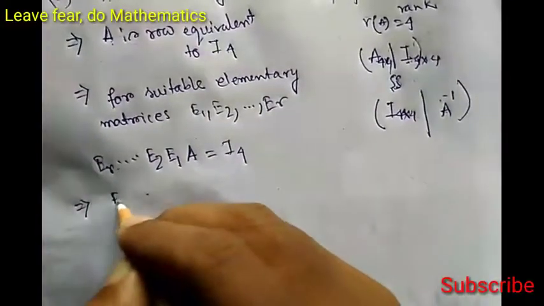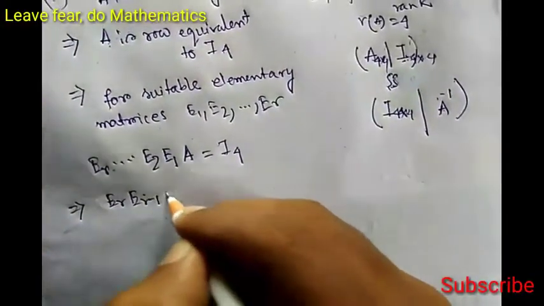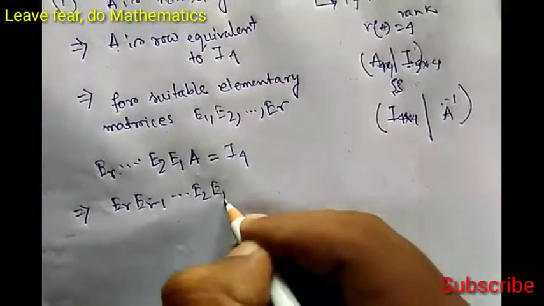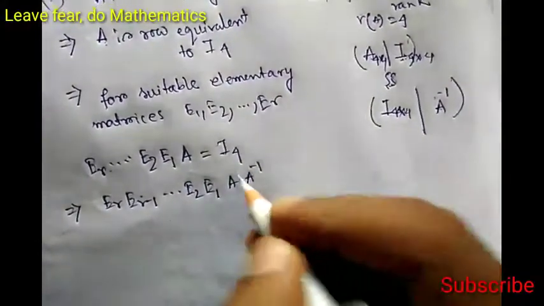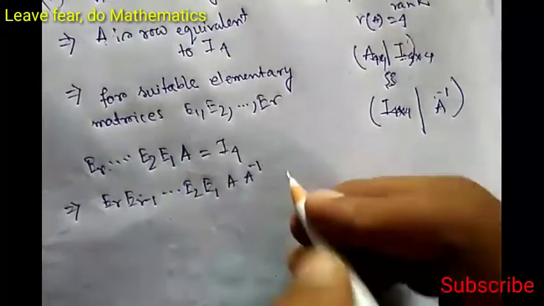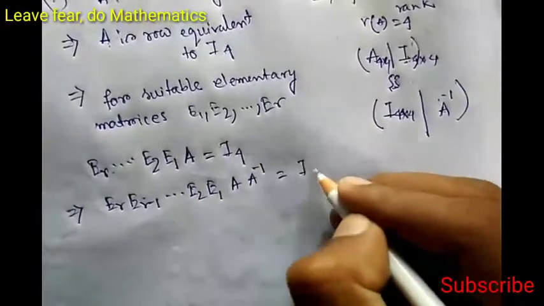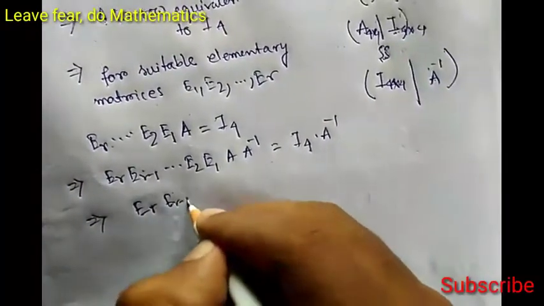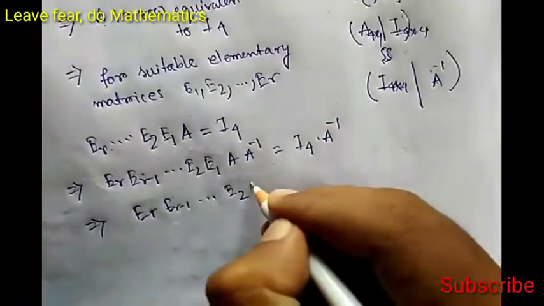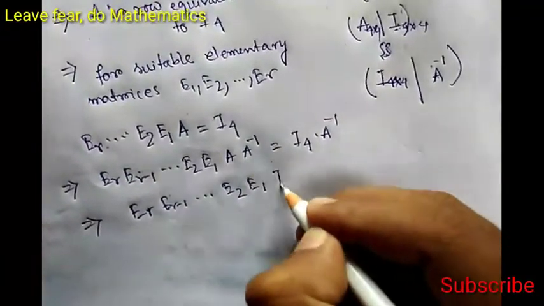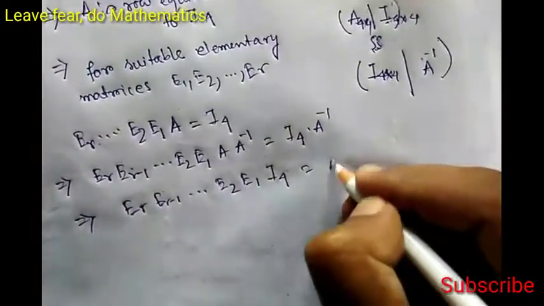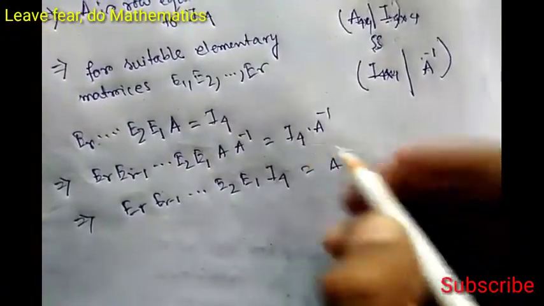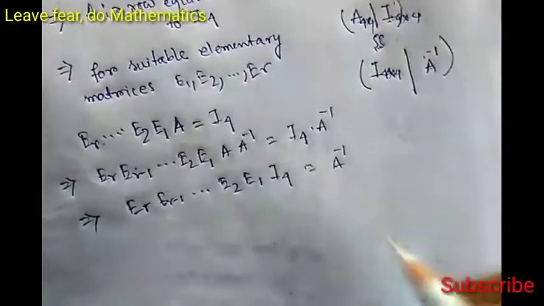Now multiply A inverse from the right side on both sides of the equation. We have Er ... E2 E1 A A inverse equals I4 A inverse. Multiplying any matrix with the identity matrix gives the matrix, so we get Er ... E2 E1 equals A inverse.